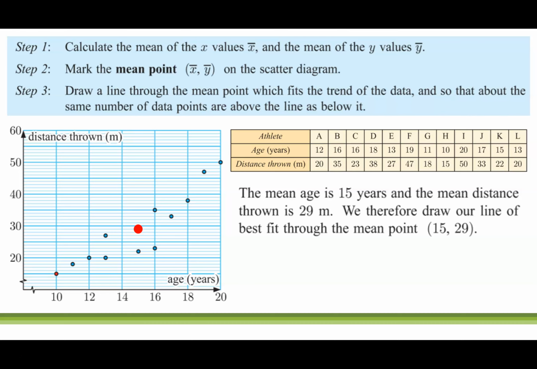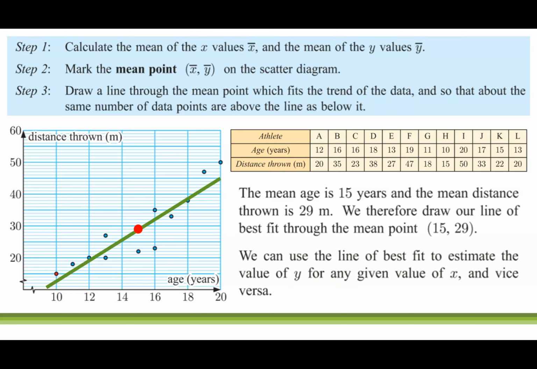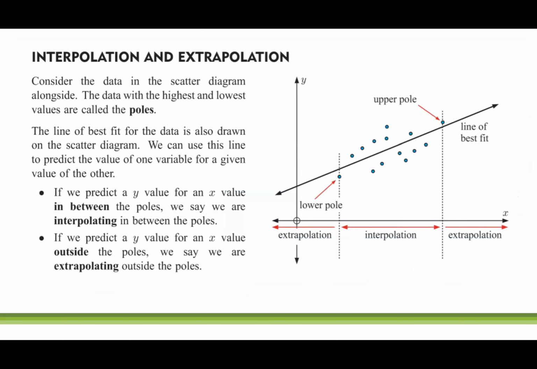So I went ahead and put a big red dot on the scatter plot at that point. Now I'm going to find a straight line that goes through that point and captures the direction of the data. I'm trying to keep about half of it above and half of it below. No two people are going to likely have the exact same line, but they'll all be pretty close, especially if they include that mean point.